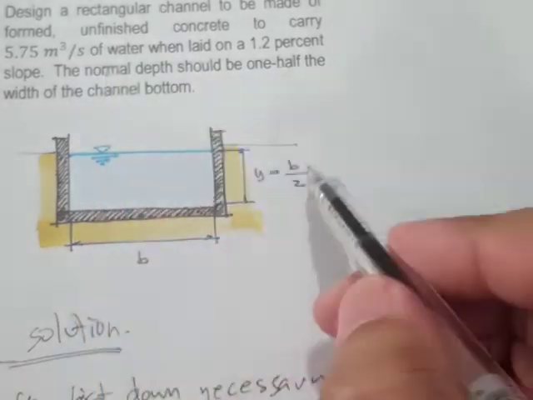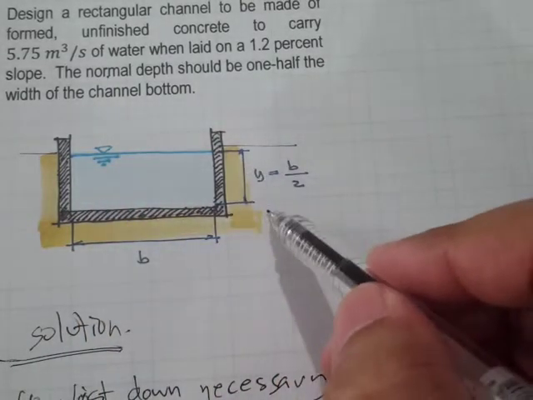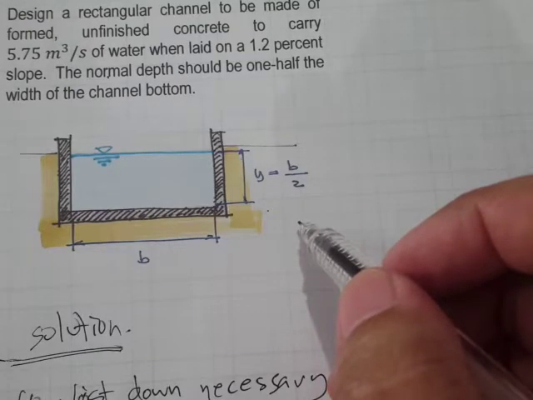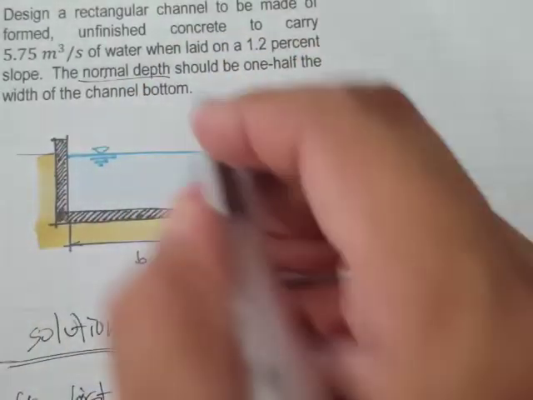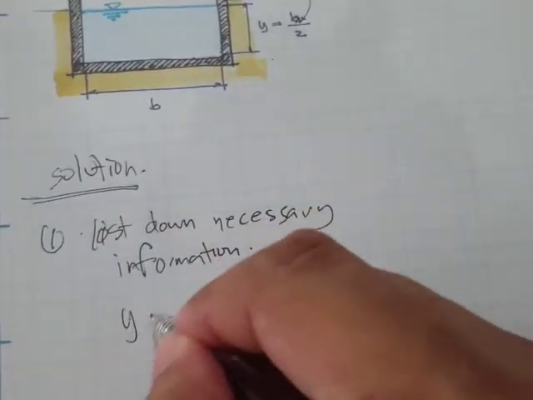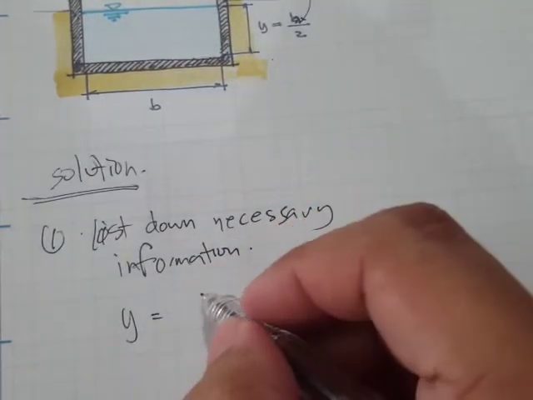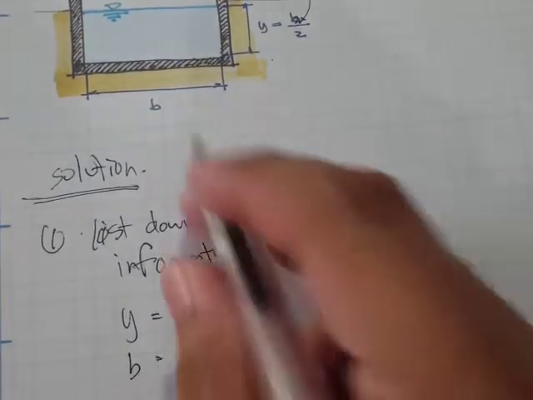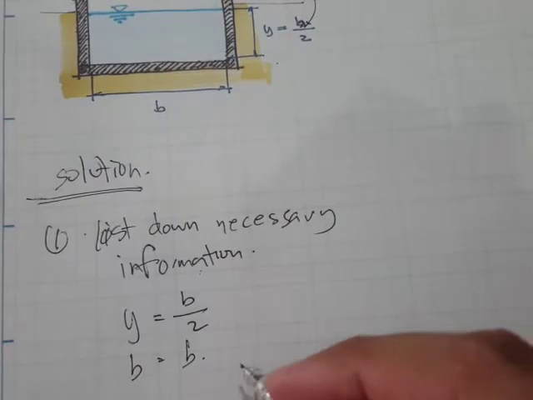Actually, the normal depth is not this one, it seems, but let's just say this is this. All right, so our y is b over 2, and our width is simply b.